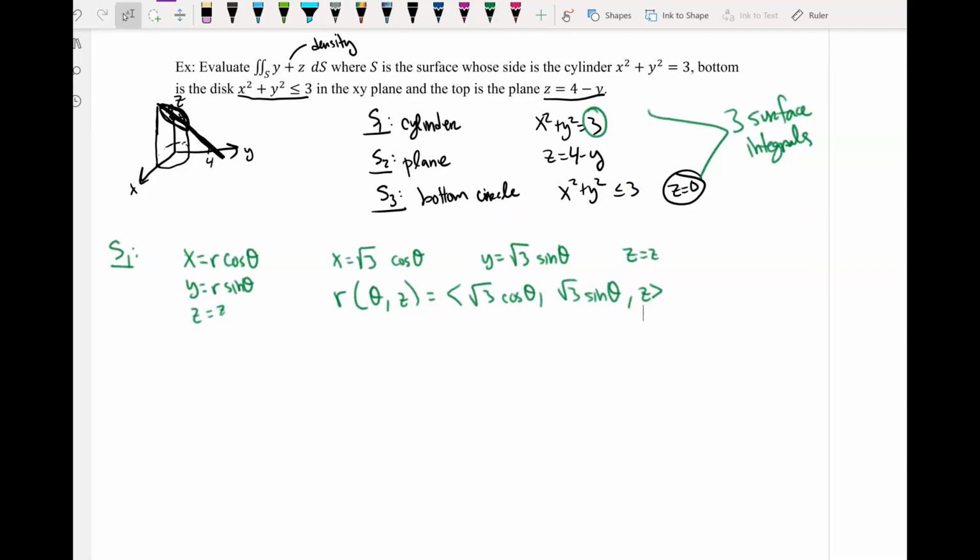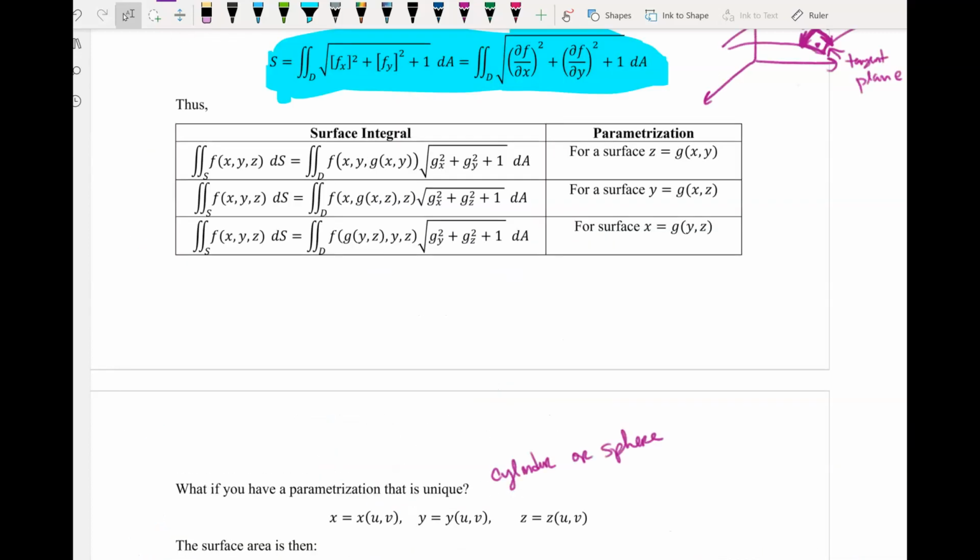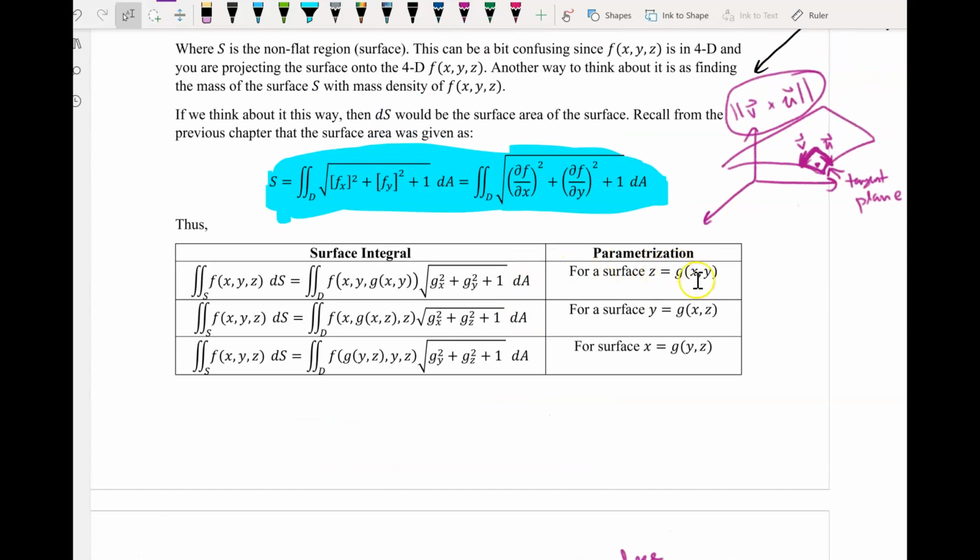It wasn't a simple parameterization. So we actually have to use the cross product. We take the partial derivatives with respect to the 2 parameters, take the cross product, take its magnitude, and then plug it into the function. That's what makes this problem a little more complex.